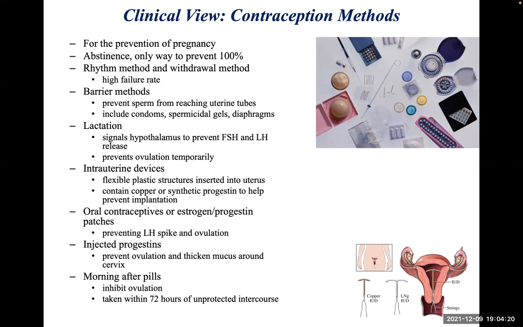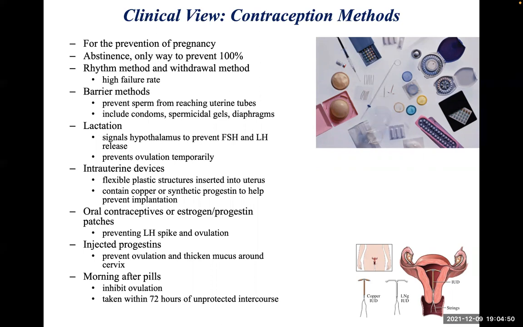The way it works is that prolactin, a hormone that causes the mammary glands to make milk, at high levels suppresses FSH and LH. If you don't have that FSH and LH, specifically that LH spike, you don't ovulate. So if you can keep your prolactin levels really high, theoretically you should be able to prevent ovulation.